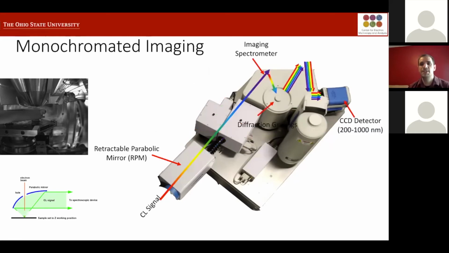The next thing you can do is bypass that system and go directly to the imaging spectrometer itself. We have 3 different diffraction gratings. They'll disperse your sample and go either to the CCD detector or down to the InGaAs detector if you're trying to look at IR.